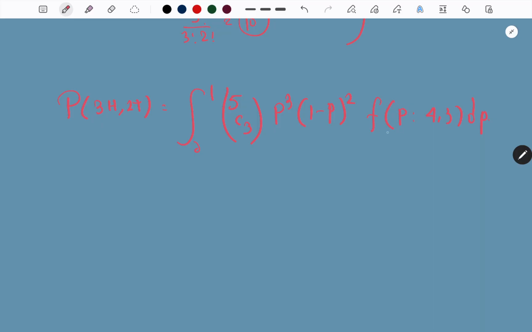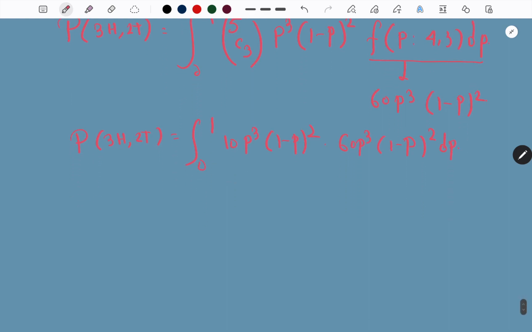Now we know what f(p) is. This is equal to 60 p cube (1 minus p) whole square, and therefore the probability of 3 heads and 2 tails will be the integral from 0 to 1 of 10 p cube (1 minus p) whole square times 60 p cube (1 minus p) whole square dp.